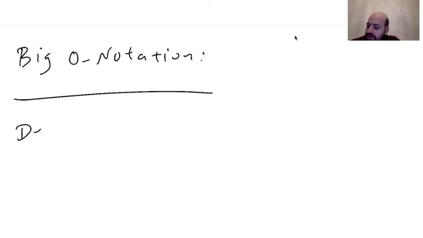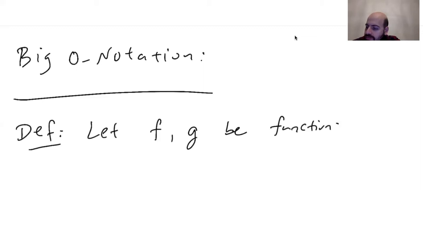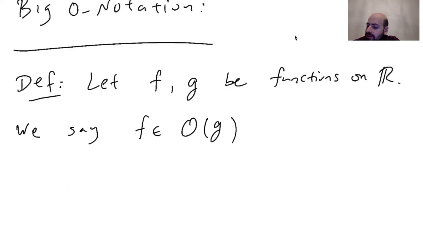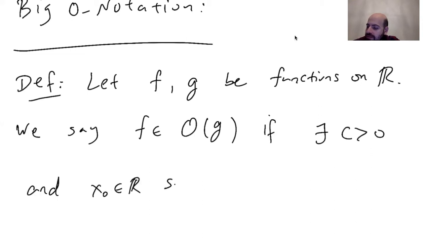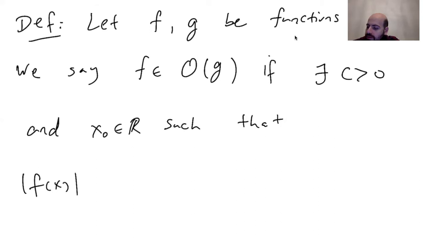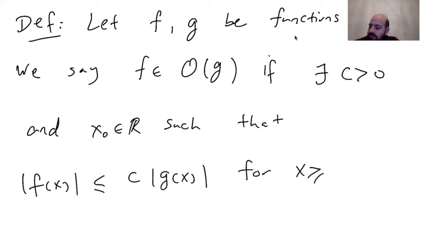So, definition: let's say f and g be functions on R. We say f belongs to O(g), capital O of g, if there exists a constant C and x0 in R such that the absolute value of f(x) is less than or equal to C times the absolute value of g(x) for x bigger than or equal to x0.